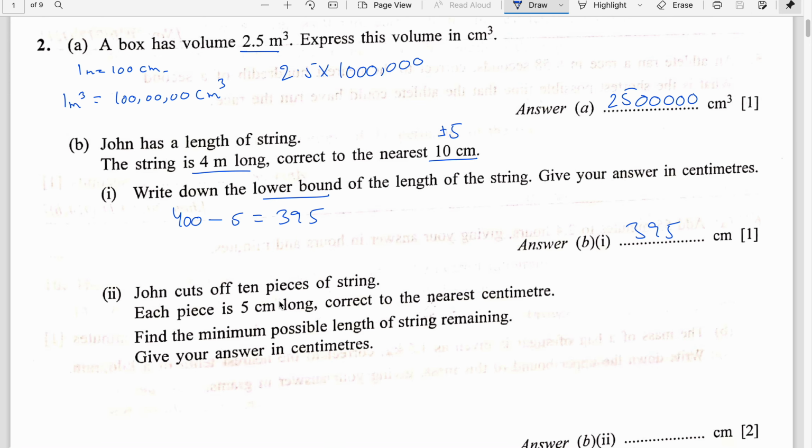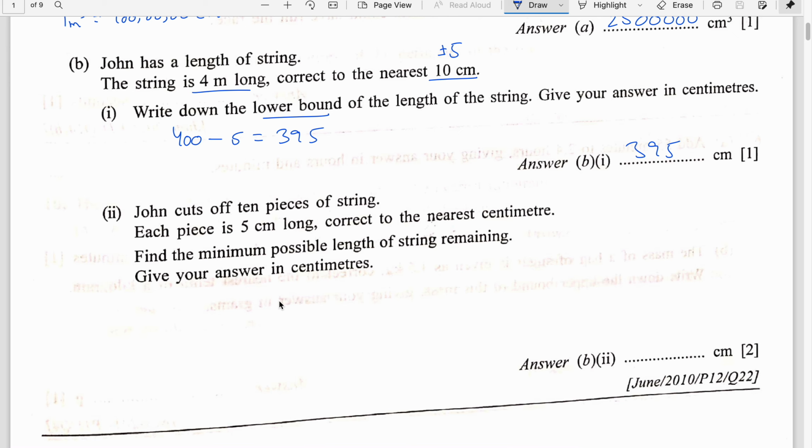John cuts off 10 pieces of string. Each piece is 5 centimeters long, correct to nearest centimeter. So that is 1 centimeter, so 0.5 centimeter is the accuracy. Find the minimum possible length of string remaining. Minimum remaining means when you cut off those pieces, those were maximum.